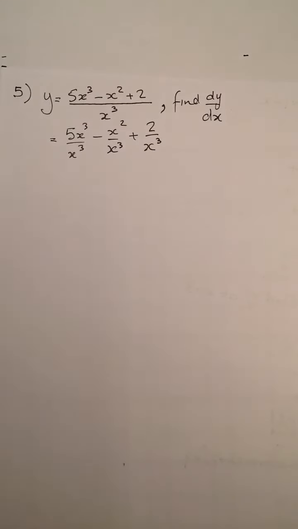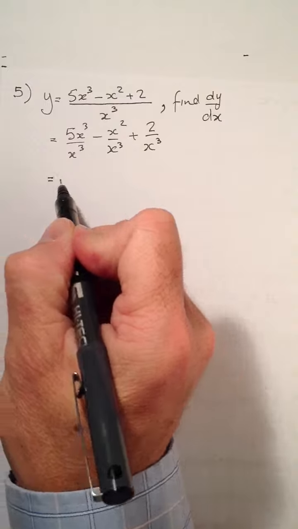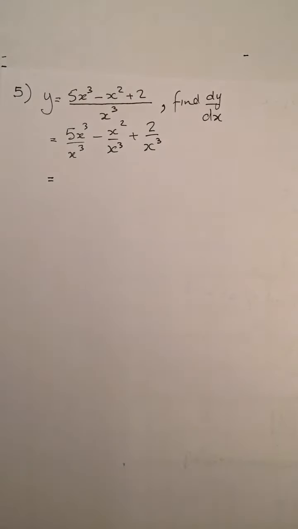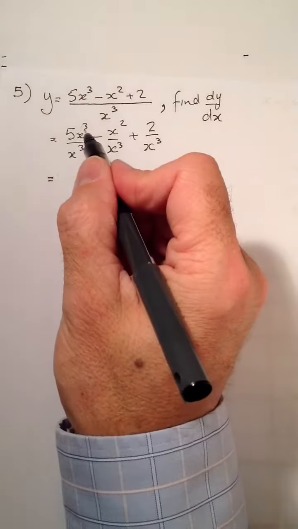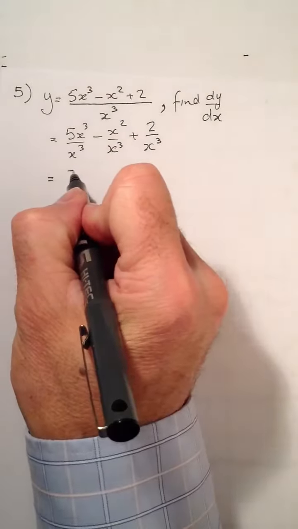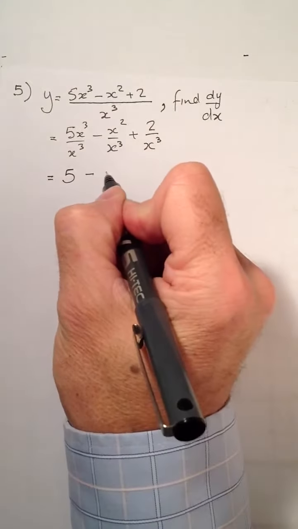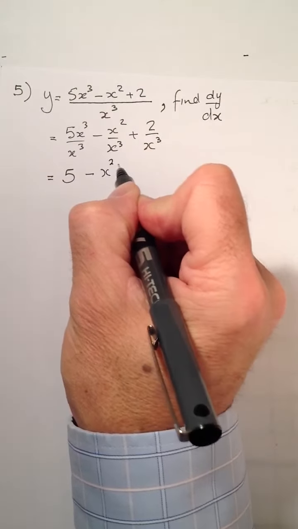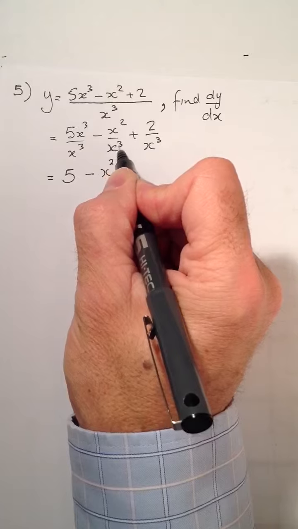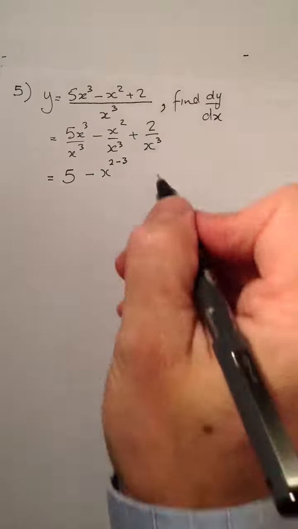Okay, so what I can do then is simplify that down to put it into a form that I can differentiate. So I've got x cubed on the bottom, x cubed on the top, divide top and bottom by x cubed will leave me with 5. Okay, here I can use my indices work. I've got x to the power of 2, and I'm going to divide it by x to the power of 3. So for indices, I'd subtract that.